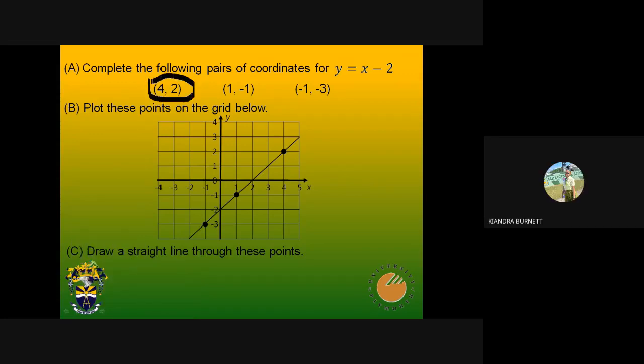You're saying why it never goes down here? Remember, this is 4. The 4 up here is on which axis? The Y. But the 4 down here is on the what? On the X.